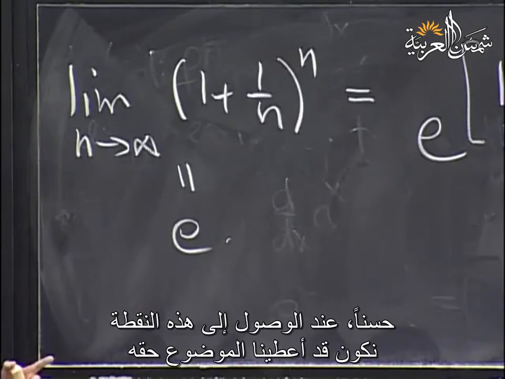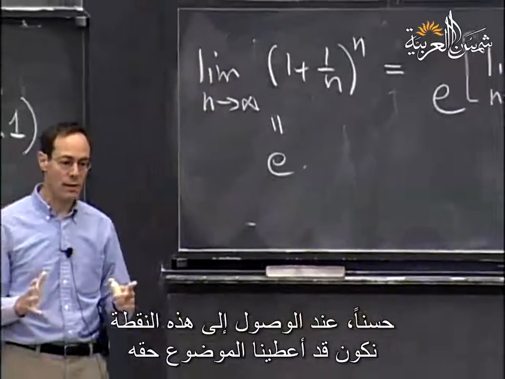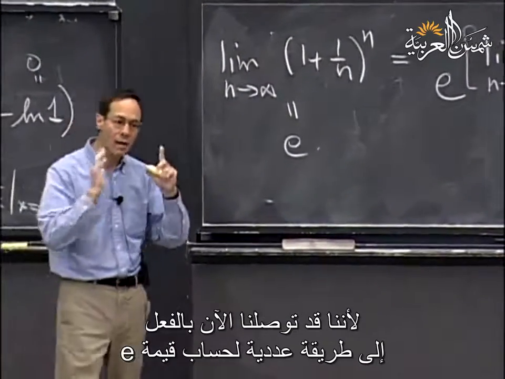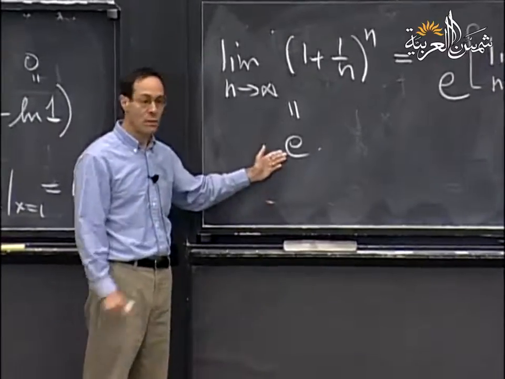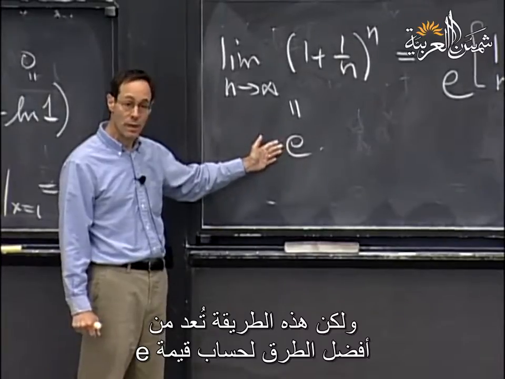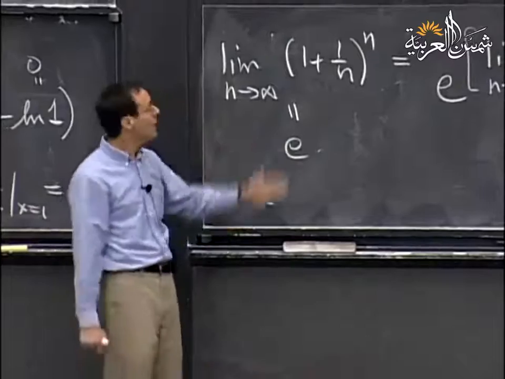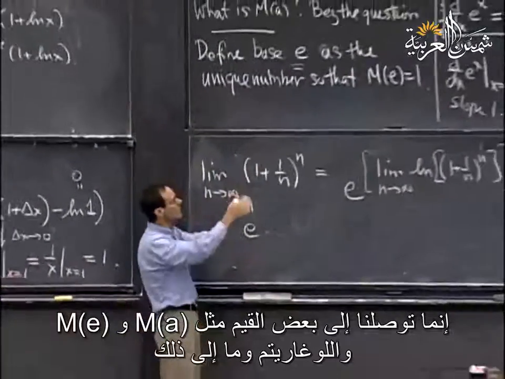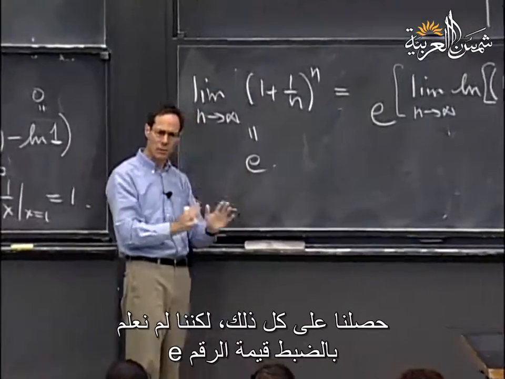So I claim that with this step, we've actually closed the loop finally, because we have an honest numerical way to calculate e. There are many such, but this one is a perfectly honest numerical way to calculate e. We had this e, we didn't know exactly what it was. There was the function of e, there was the function of a, the logarithm, and so on. We have all that stuff, but we really didn't need to nail down what this number e is.